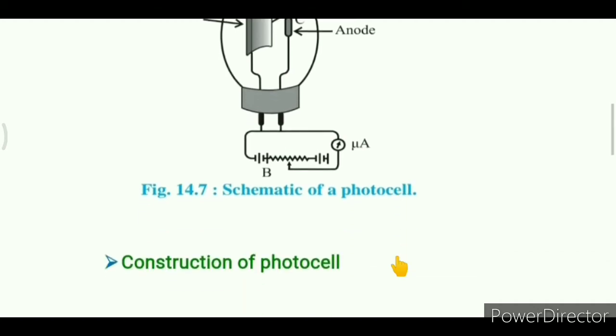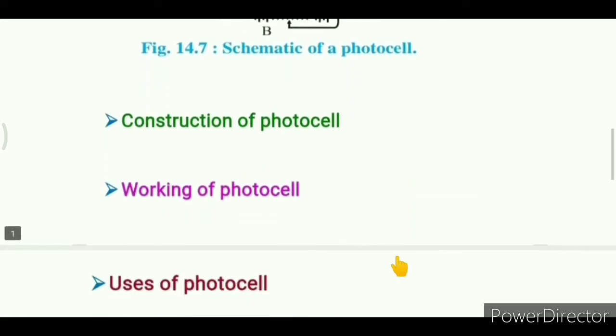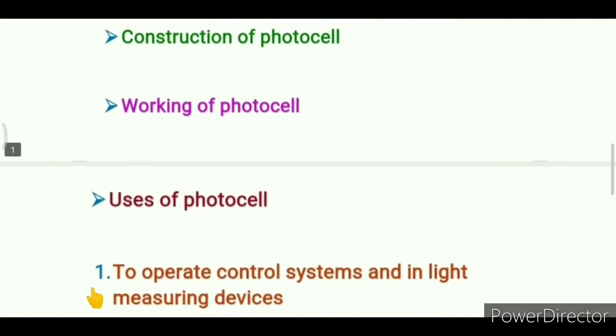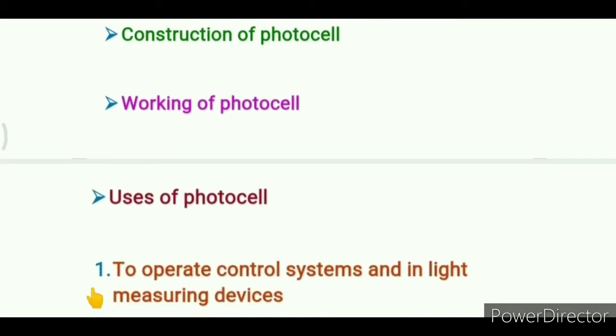Now, next, let's see the uses of the photoelectric cell. First of all, the photocell is used to operate control systems and in light measuring devices.